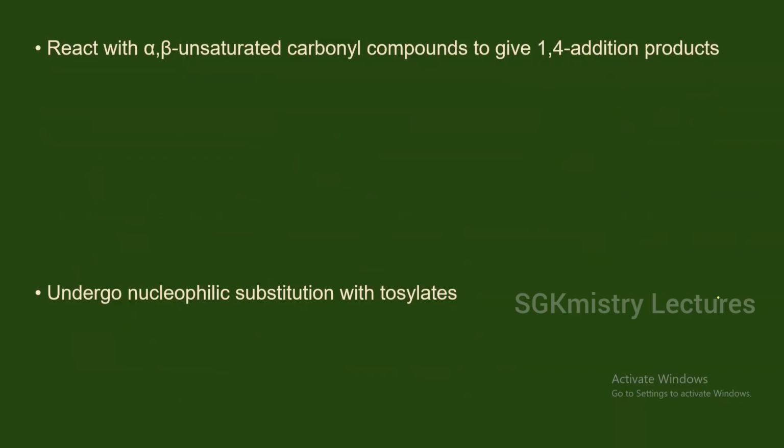Now this particular reagent also reacts with alpha beta unsaturated carbonyl compounds, and they give 1,4 addition products. So let us see how this 1,4 addition reaction takes place. So a carbonyl group, and here we have the R group.